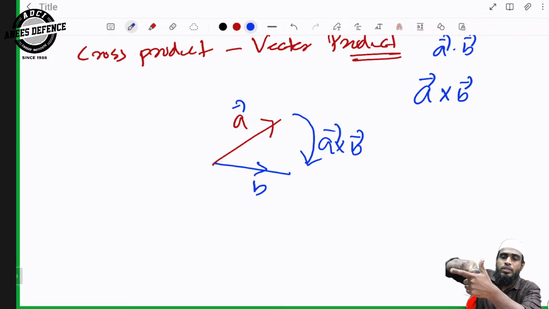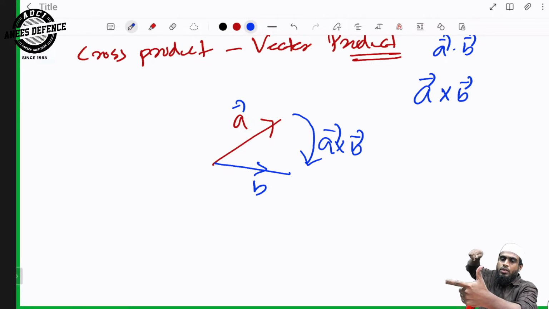If it is A and this is B, going from A to B, you are turning like this, so you are removing the screw.